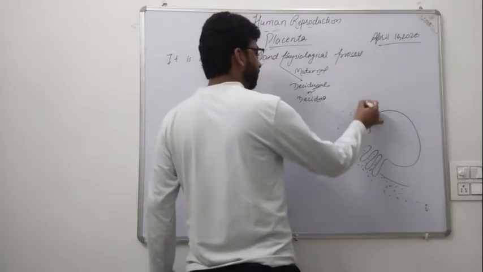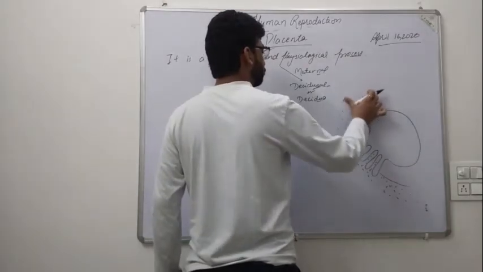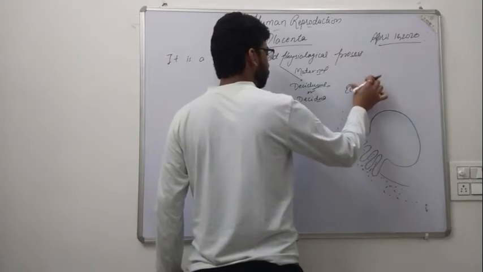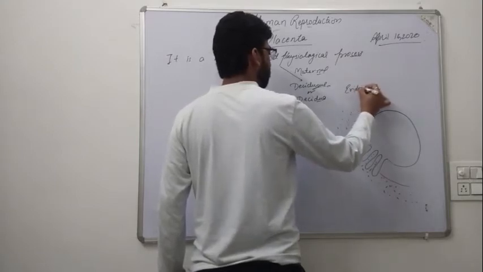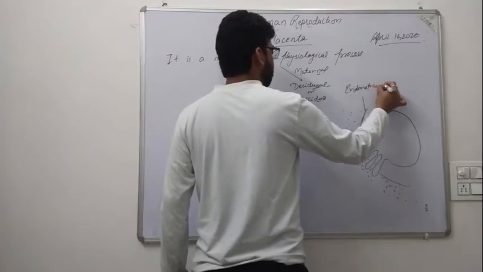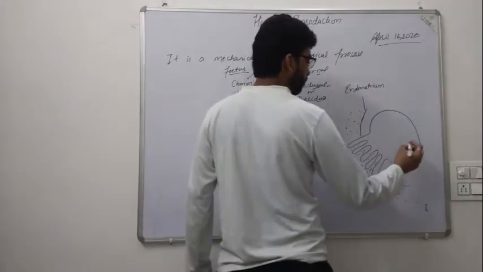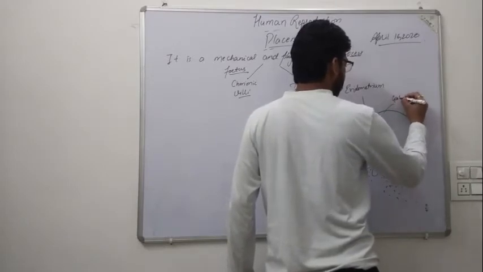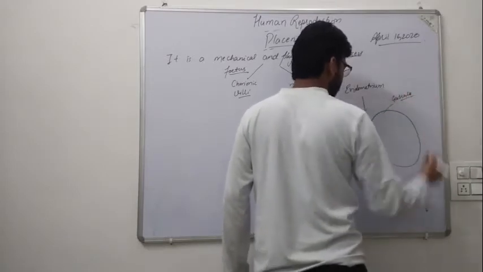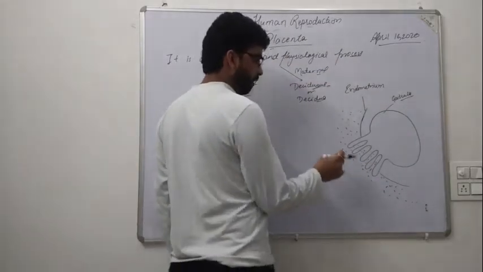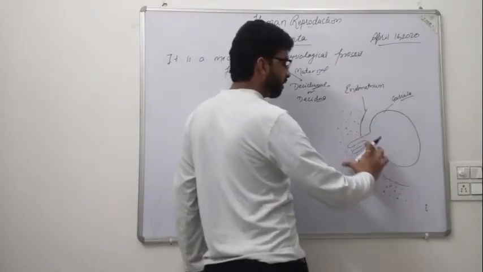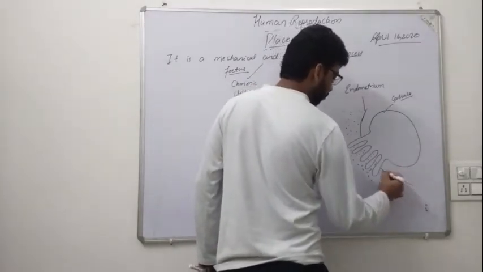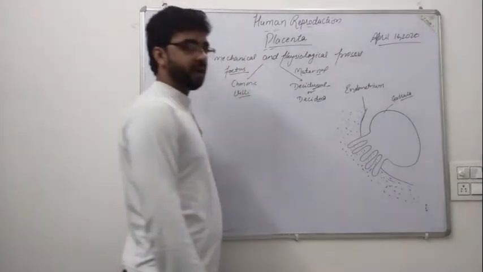It's the embryonic membrane. Endometrium. It's the gastrula. Here the whole part is of ectoderm.